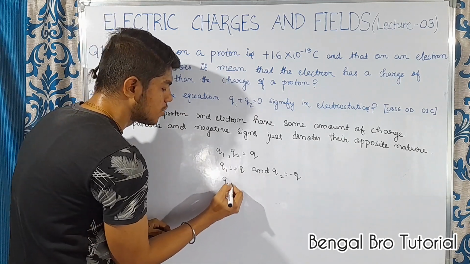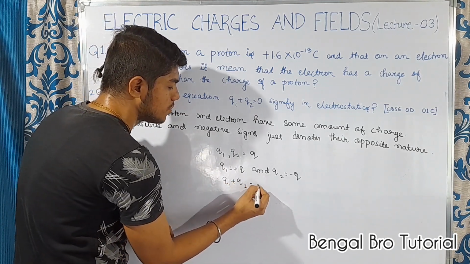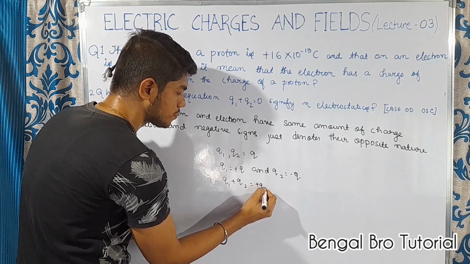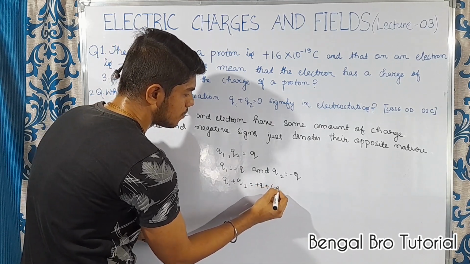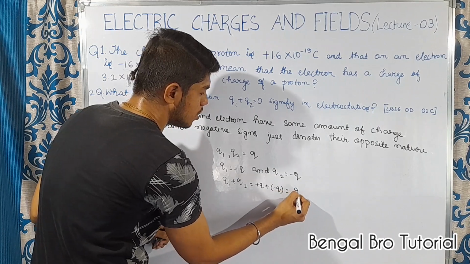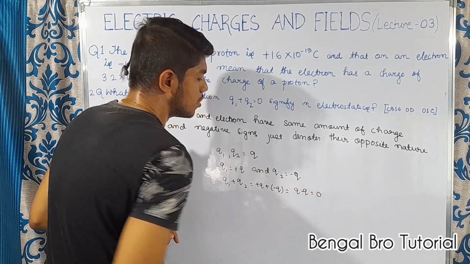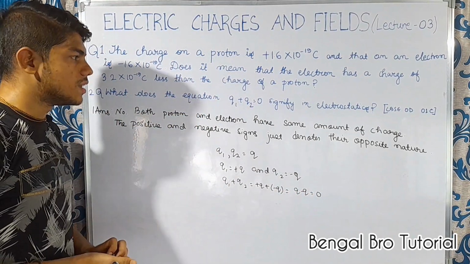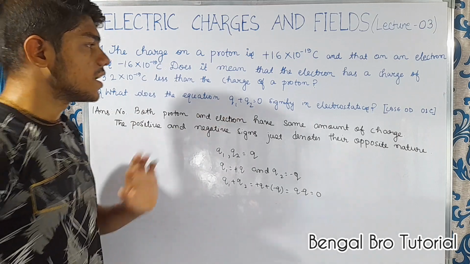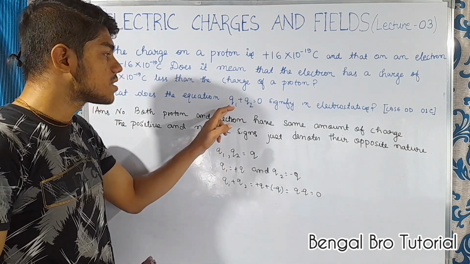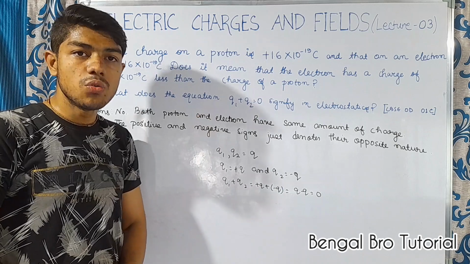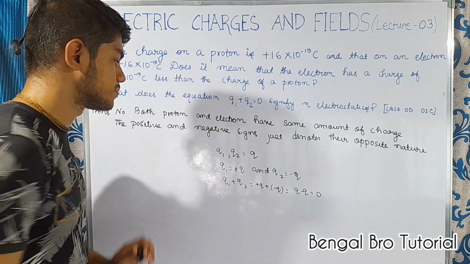Then if you add Q1 plus Q2, the answer will be plus Q plus of minus Q, which is equal to Q minus Q, which is equal to 0. So the equation implies that the charges Q1 and Q2 are equal and opposite.